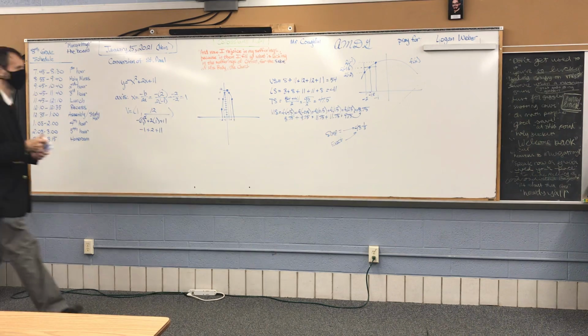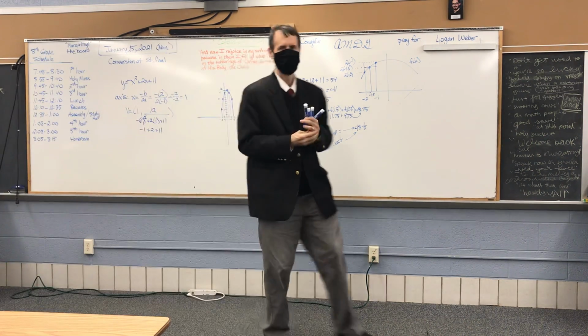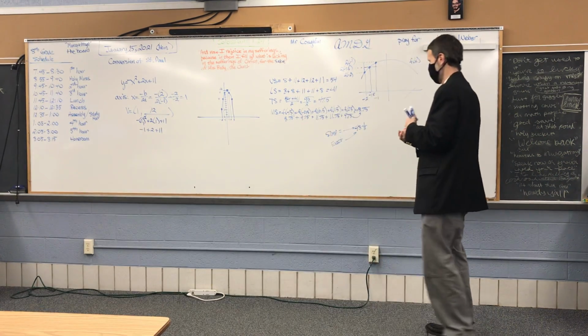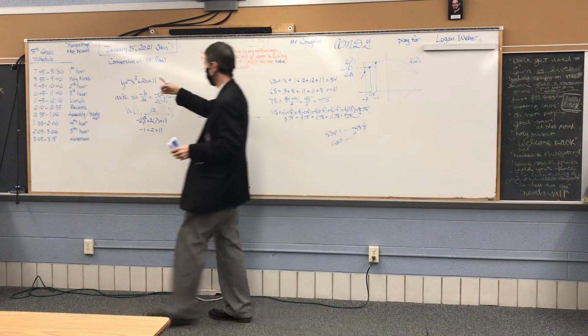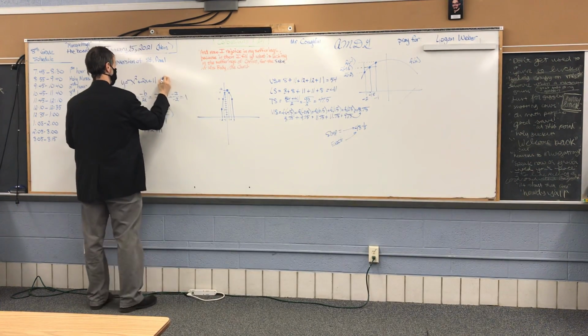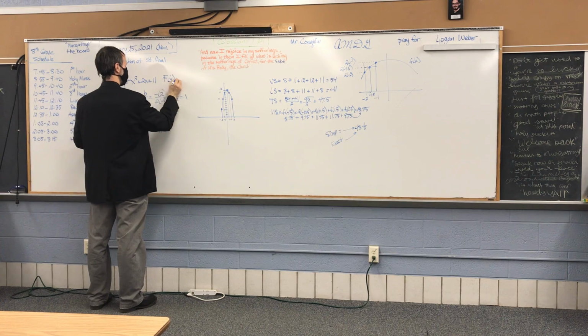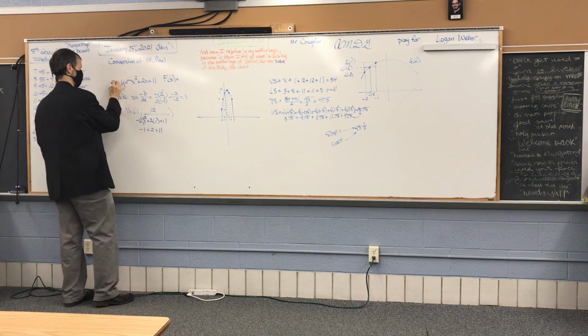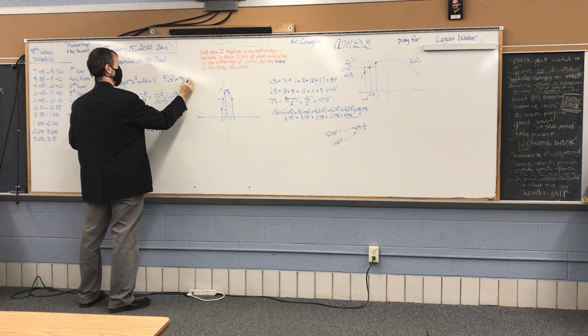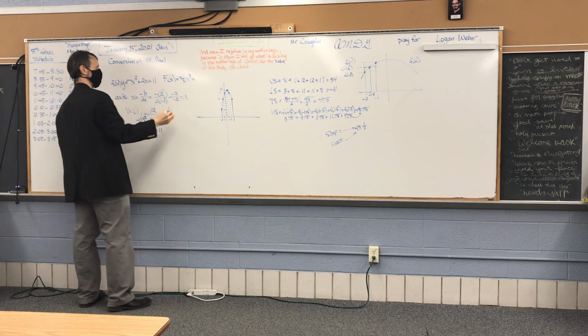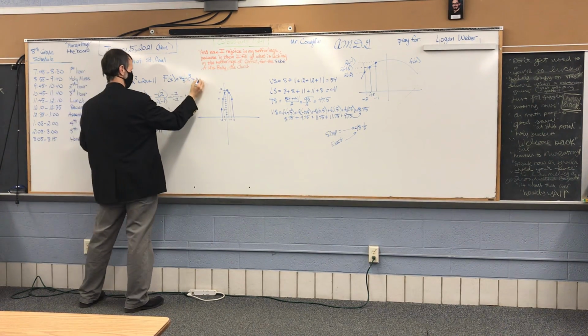Actually, you tell me, how do you get the exact area again? Antiderivative. Here's the formula. Can somebody give the antiderivative for me? X squared.